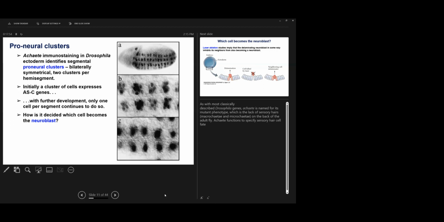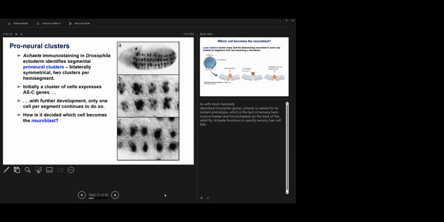These are called pro-neural clusters, shown here. Initially the clusters express ASC genes, and in further development, one cell continues to do so.